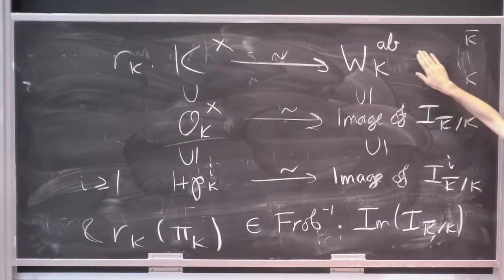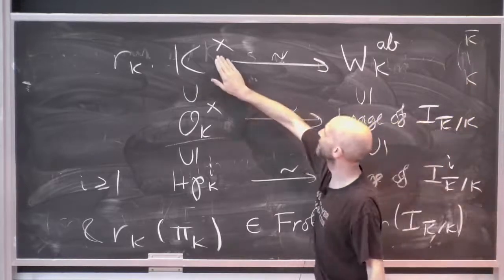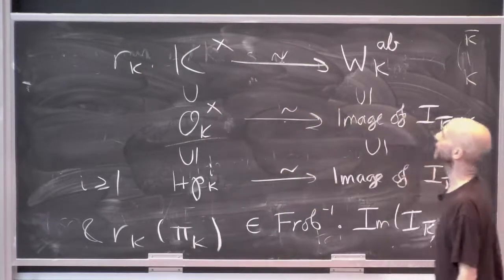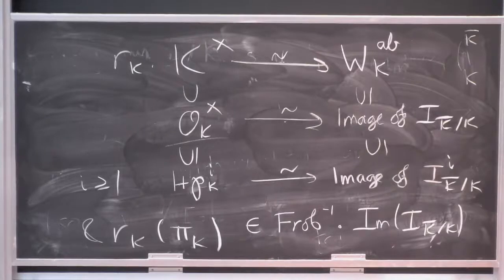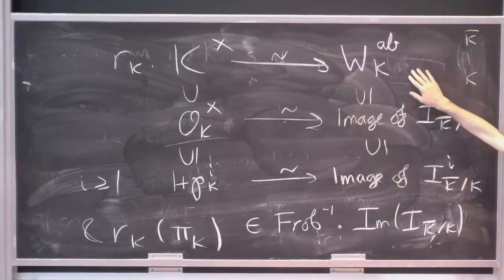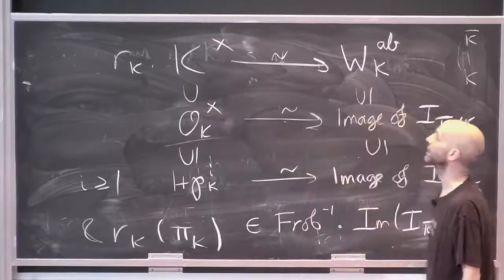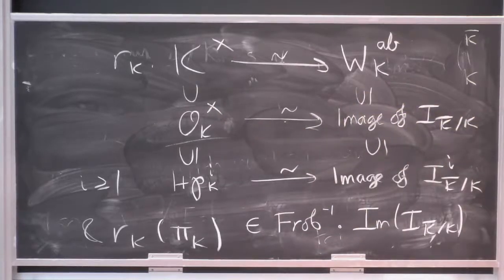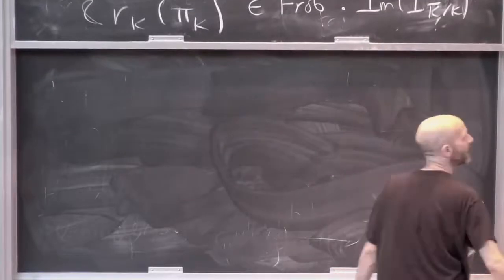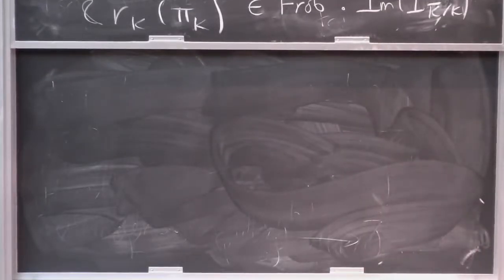This W_K is defined using objects which are much bigger than K, whereas this K* is defined only using K itself, and the structure we're putting on K* all comes from subsets of K that depend only on K. So this is a very remarkable theorem in some sense, because it says some kind of external structure attached to K is very closely related to some kind of internal structure. Some funny thing. So there's this amazing map R_K, and I'm not going to tell you where it comes from.